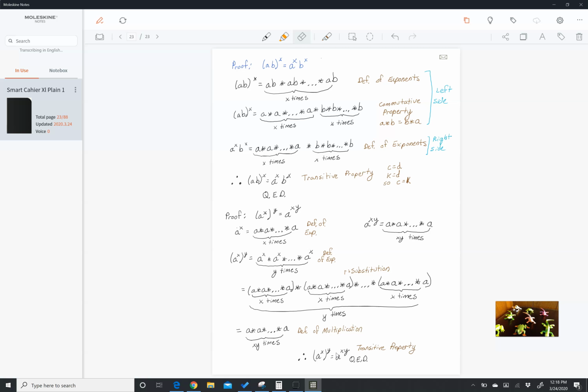That was the right side. The left side, this was because of definition of exponents. So this whole section here was your left side.